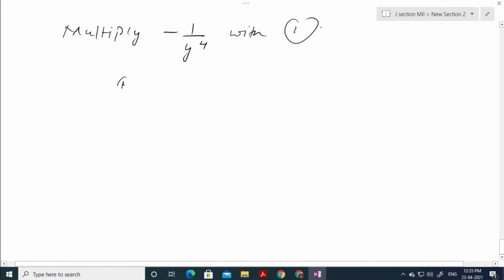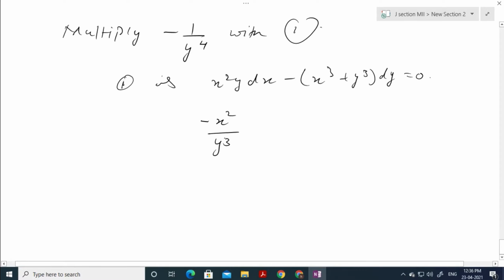Again I am repeating, 1 is x square y dx minus (x cube plus y cube) dy equal to 0. On multiplying, you will get minus x square by y cube dx, plus, since minus and minus is plus, (x cube plus y cube) by y to the power 4 dy equal to 0.